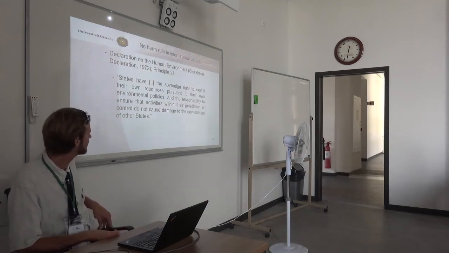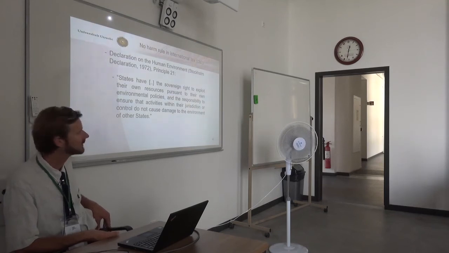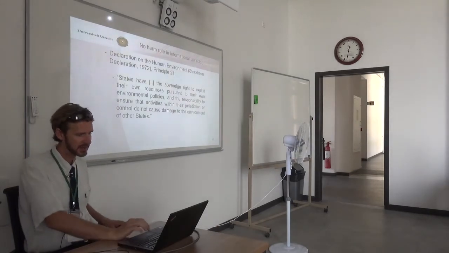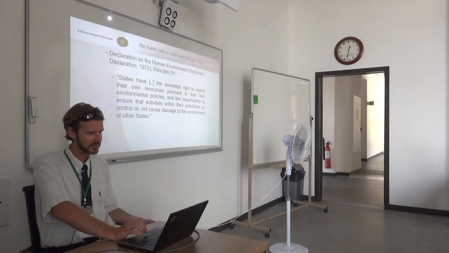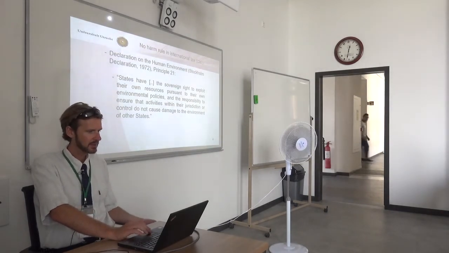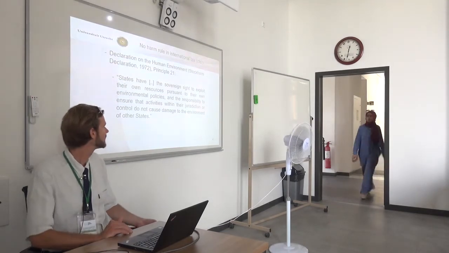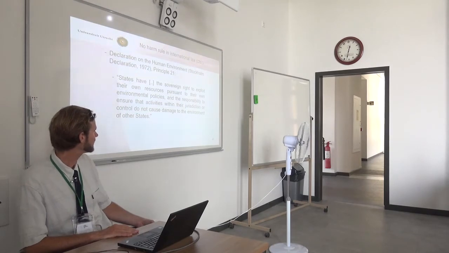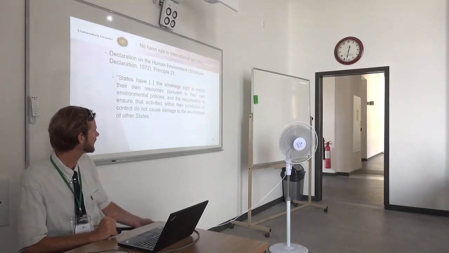States have the responsibility to ensure that activities within their jurisdiction or control. So very often the harm is not caused by the state directly, but by corporations or human beings that operate on the state's territory. But that doesn't matter, and still the state breaches the no harm rule. They must do whatever they can to ensure that such activities do not cause damage to the environment of other states.